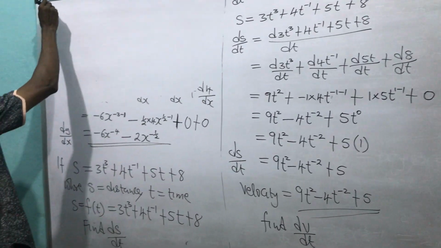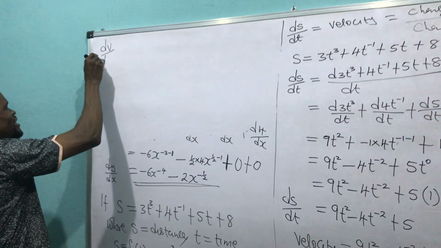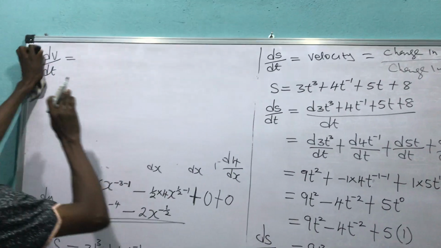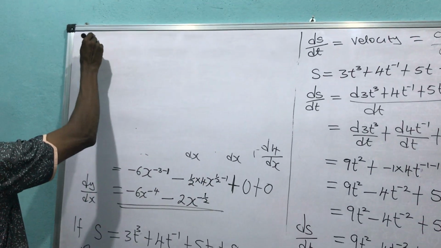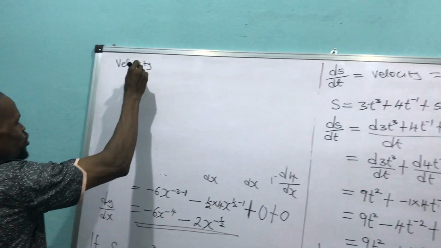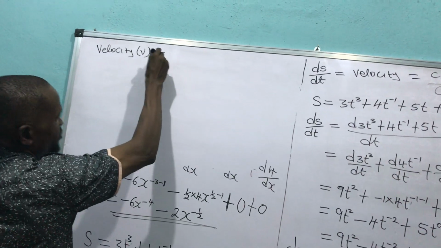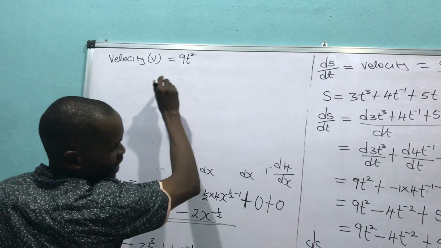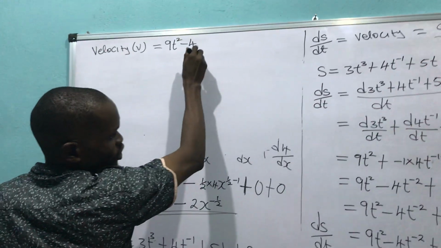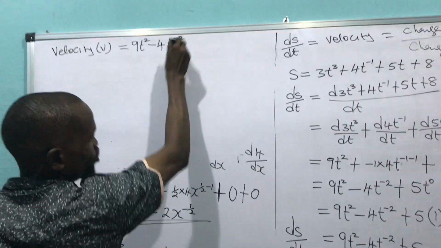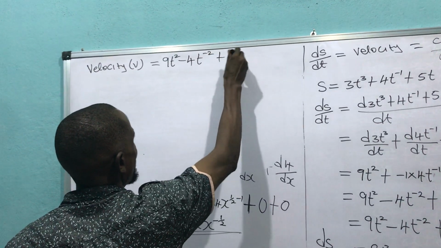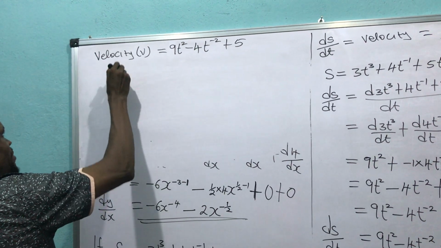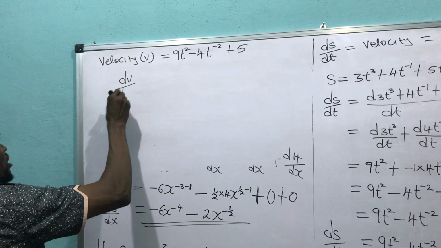You remember that what we have here is velocity, v, which we have as our answer, 9t squared minus 4t raised to the power minus 2 plus 5. And I'm asked to find dv/dt.